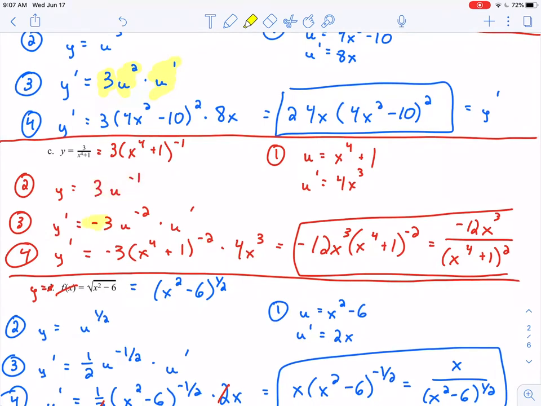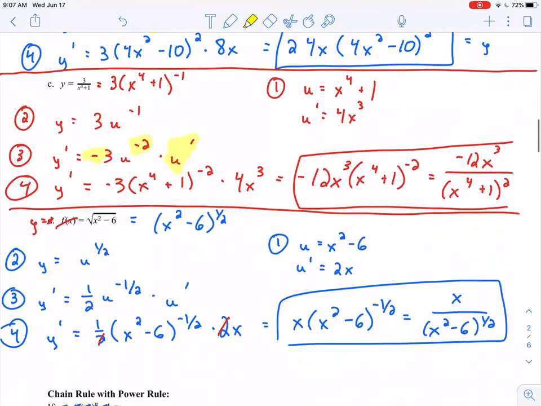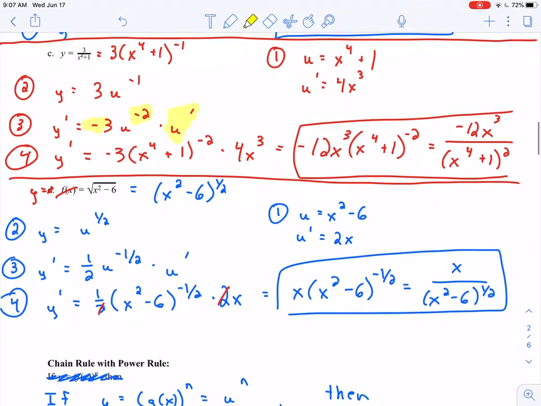I multiplied by my power, which is how we came up with that negative sign, subtracted 1 from my power, multiplied by u prime. All right, let's check this last one here. What did I do? I had u to the 1/2. I multiplied by my power, I subtracted 1 from my power, I multiplied by u prime.